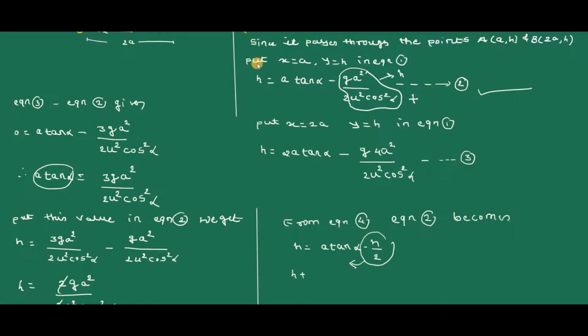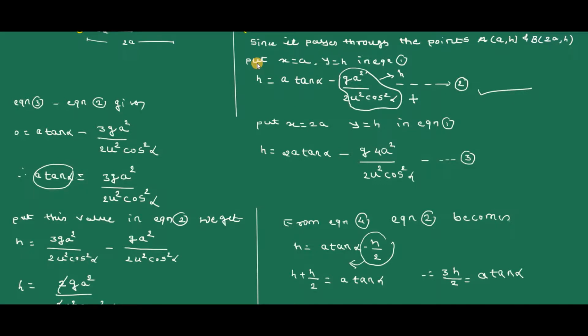So h plus h by 2 is equal to a into tan alpha. Therefore 3h divided by 2 is equal to a into tan alpha.